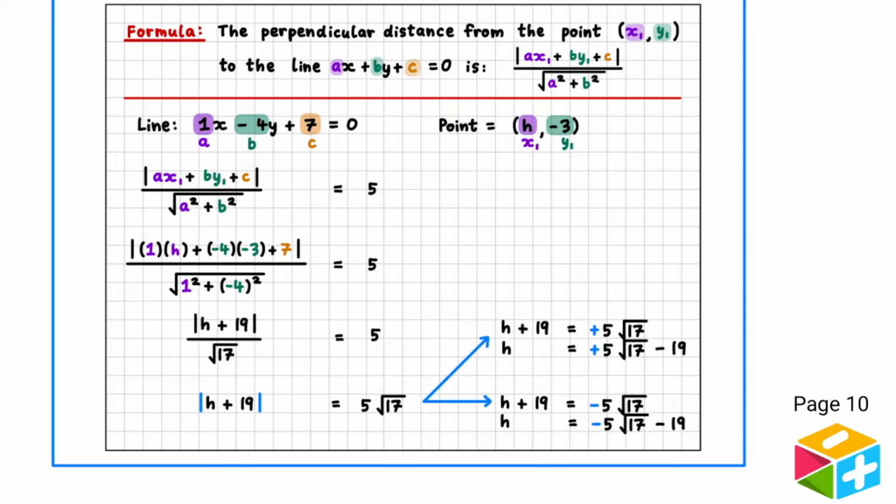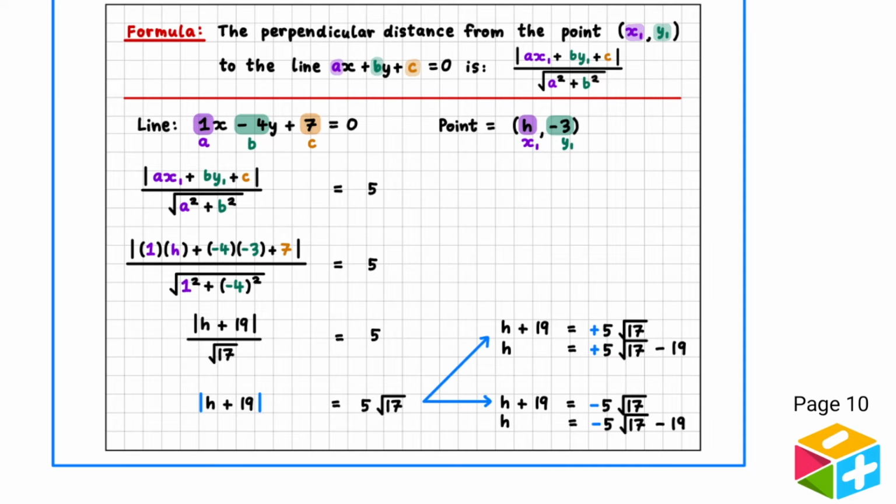The absolute value of the positive and negative versions of a number both come out to the same thing. So there's two options for the expression inside the absolute value. Either h plus 19 is equal to plus 5 root 17, or h plus 19 is equal to minus 5 root 17.